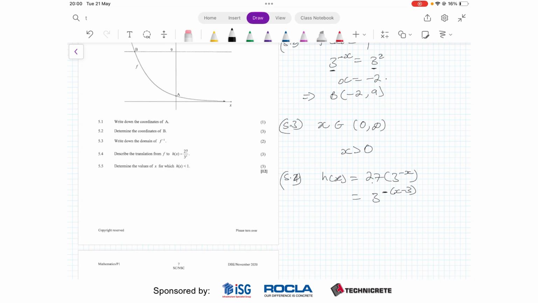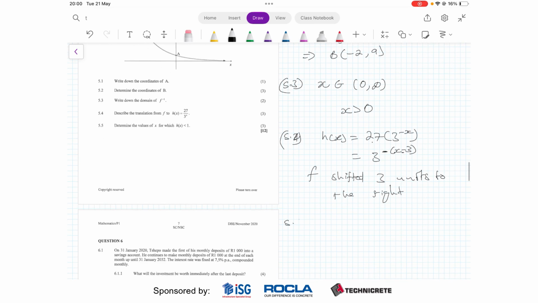And thus this tells you that f has shifted 3 units to the right, because remember, if this is positive, then it means that x has shifted 3 units to the left.